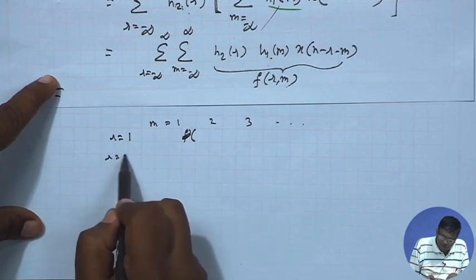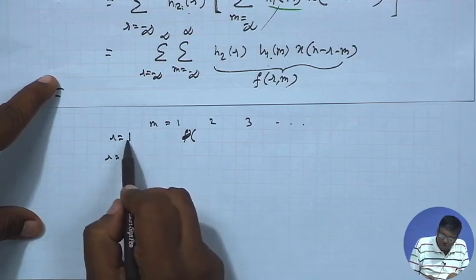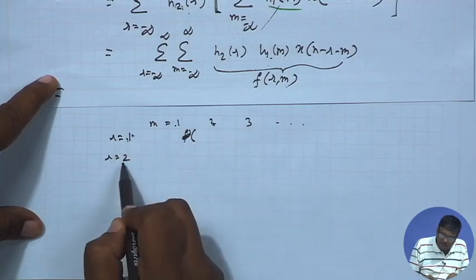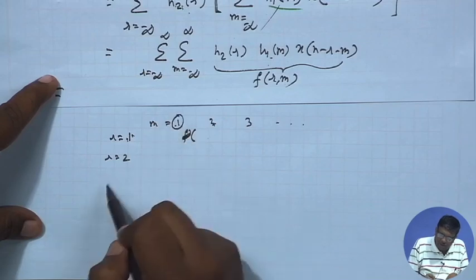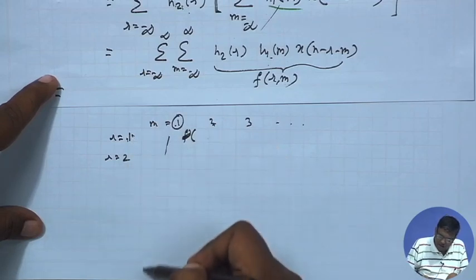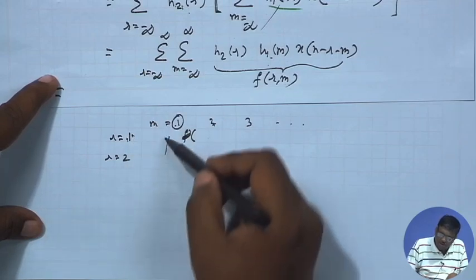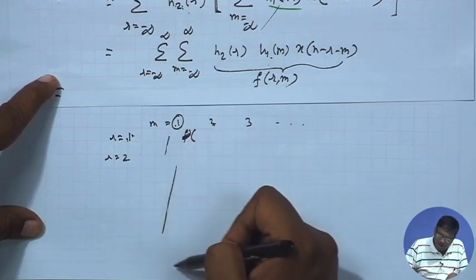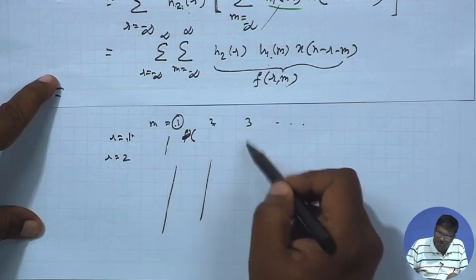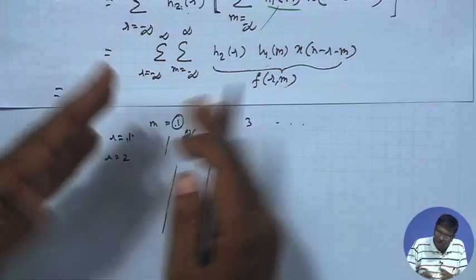Then again r equal to 2. So, r equal to 1: (1,1), (1,2), (1,3), like that. Then again r equal to 2: (2,1), (2,2), (2,3), like that. Instead, you can hold m equal to 1 first, vary r over the entire range, then take the next value of m, vary r over the entire range, take the next value of m, vary r over the entire range. You will cover the same points only.